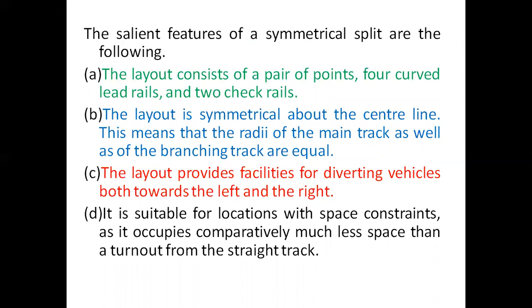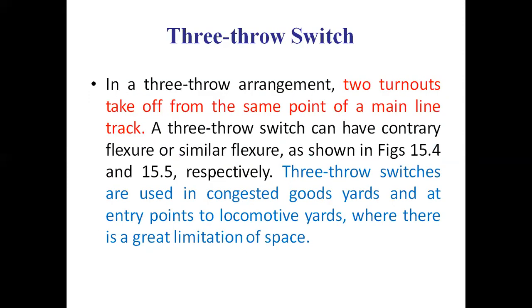It is suitable for locations with space constraints, as it occupies comparatively much less space than a turnout from the straight track. Three throw switch. In a three throw switch arrangement, two turnouts take off from the same point of the main line track.